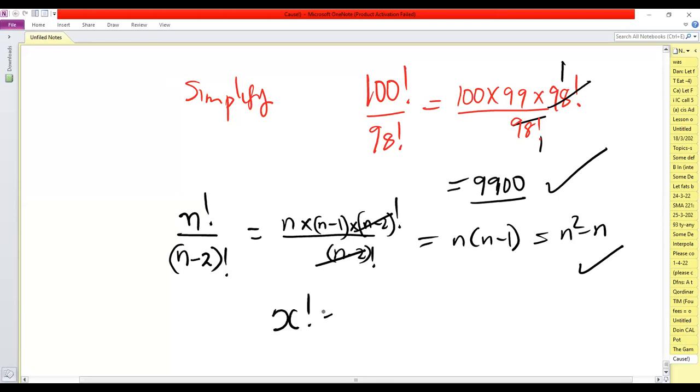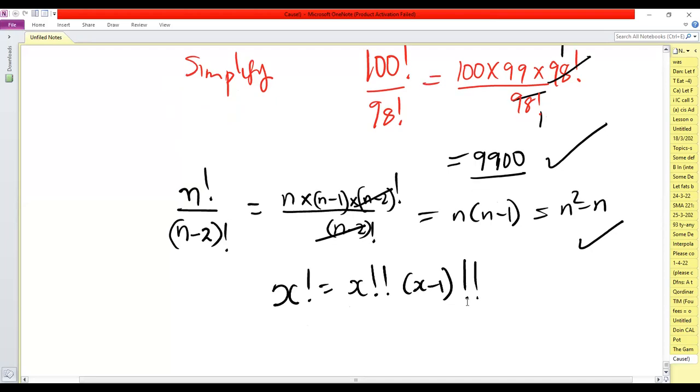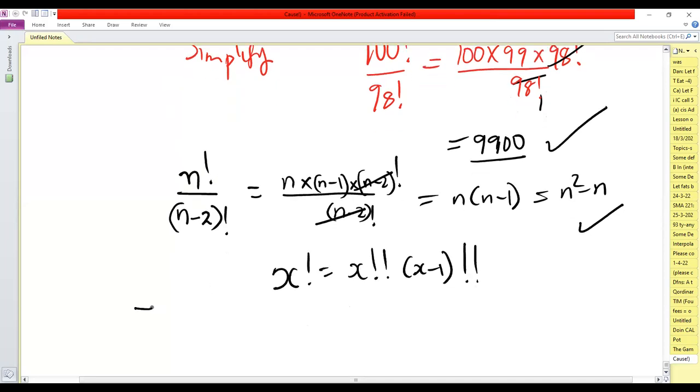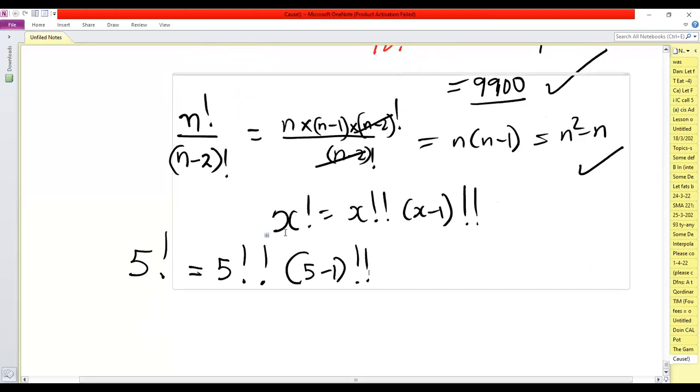For example, 5 factorial is the same as 5 double factorial times 5 minus 1 double factorial. 5 double factorial, because 5 is an odd number, will be 5 times 3 times 1.